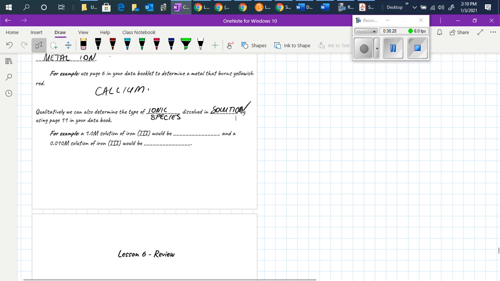Let's see an example. A 1.0 molarity solution of iron 3 would be orange yellow, and a 0.0110 molarity solution of iron 3 will be pale yellow.